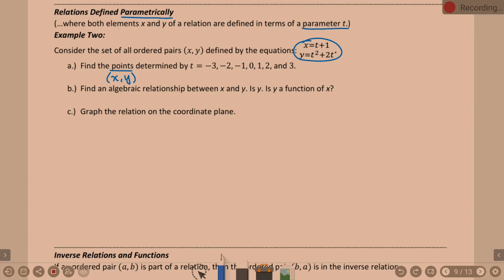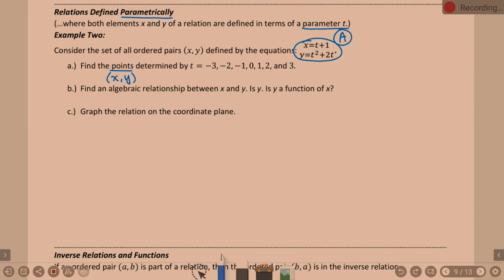Take your T values. I have a lot going on in all this space here. Just saying. So this is part A. I'm actually going to squeeze part A in over here on the right. If you don't put part A over here, you can squeeze a different part in over here later. But I'm going to set up a chart.